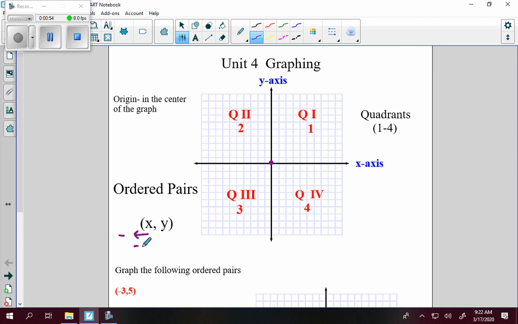When you go to the right of that point, your numbers are positive, just like on a number line. The next number in your ordered pair would be y. If you go up, it's a positive number. If you go down from that origin, it's a negative number.